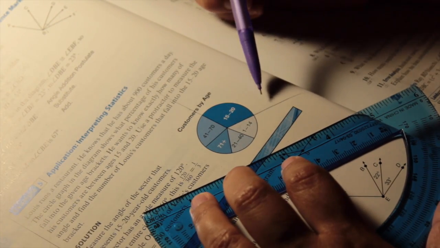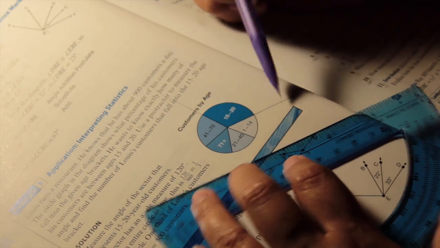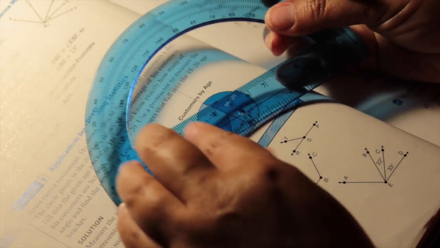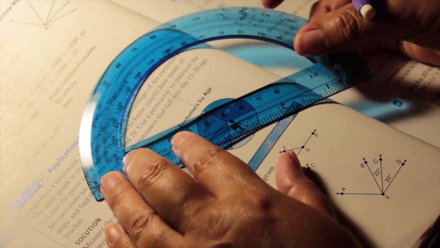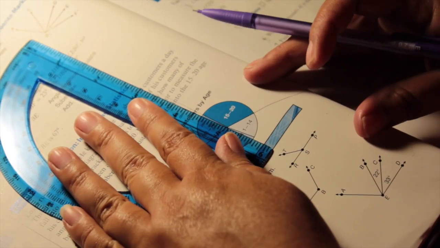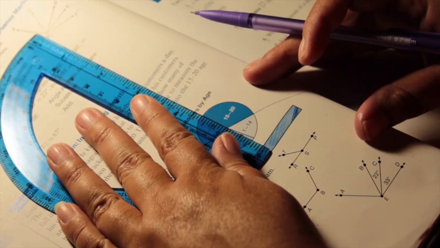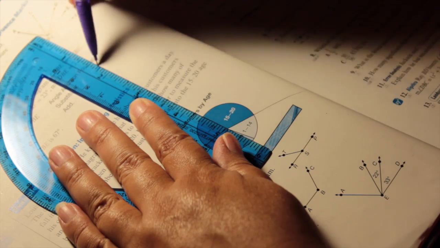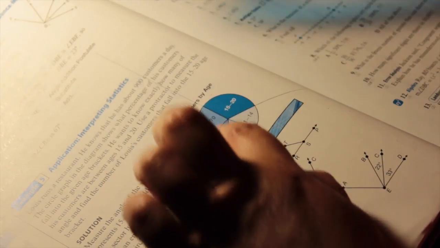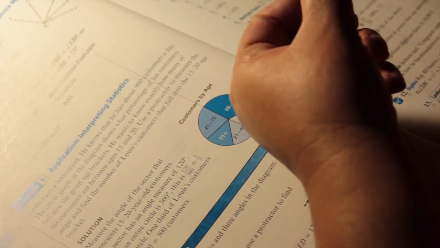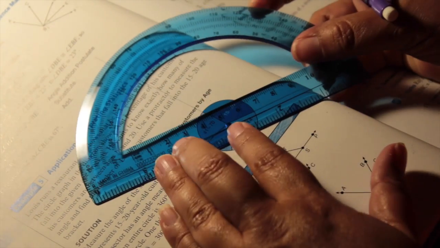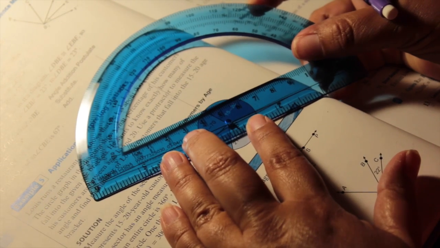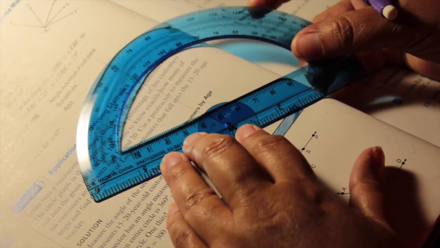This will be the bottom line over here. I think I need to put it out further. There we go. We're going to line up this line right here with the bottom line right here, and the vertex is right where that circle is.